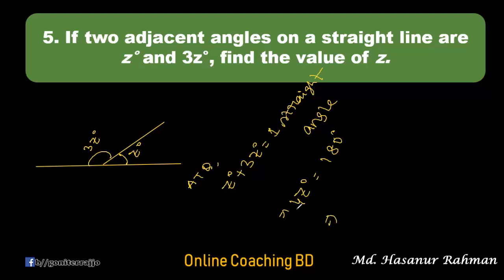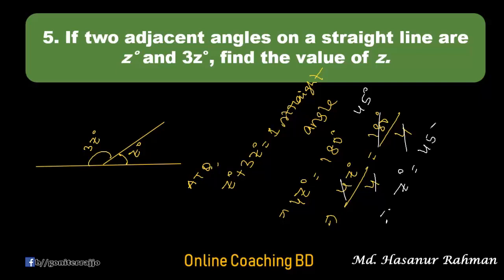If you divide this equation by 4, then we'll get 4z degree divided by 4 equal to 180 degree divided by 4. We can cut 4 and 4, and 180 by 4, that should be 45 degree. Then we can say our final answer should be 45 degree.